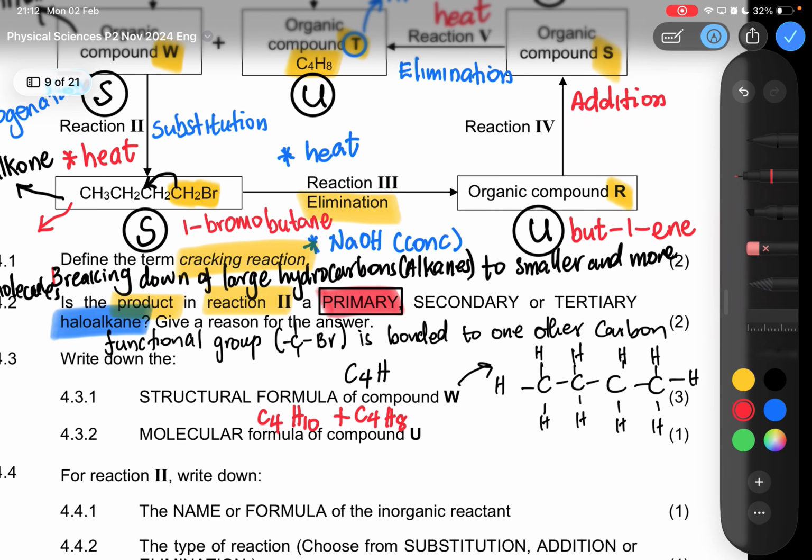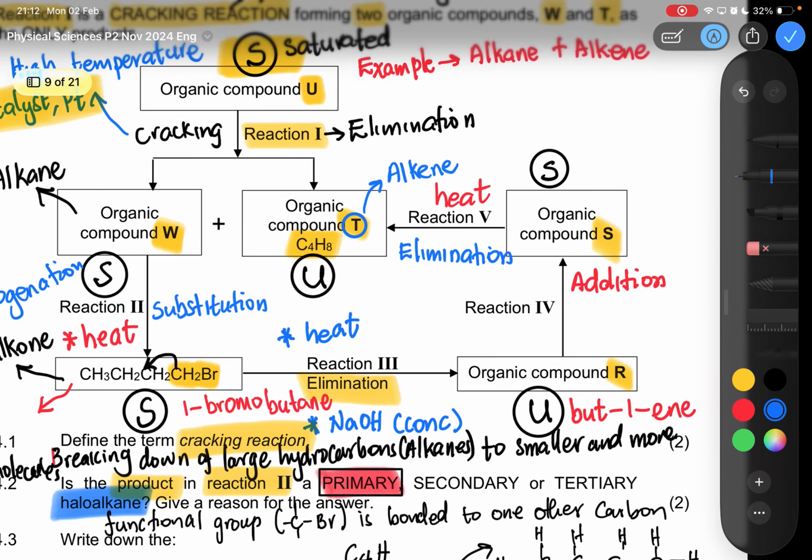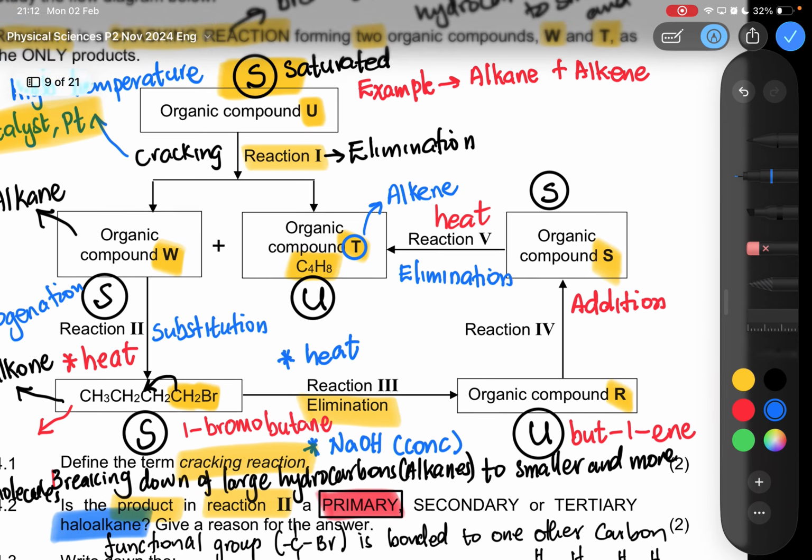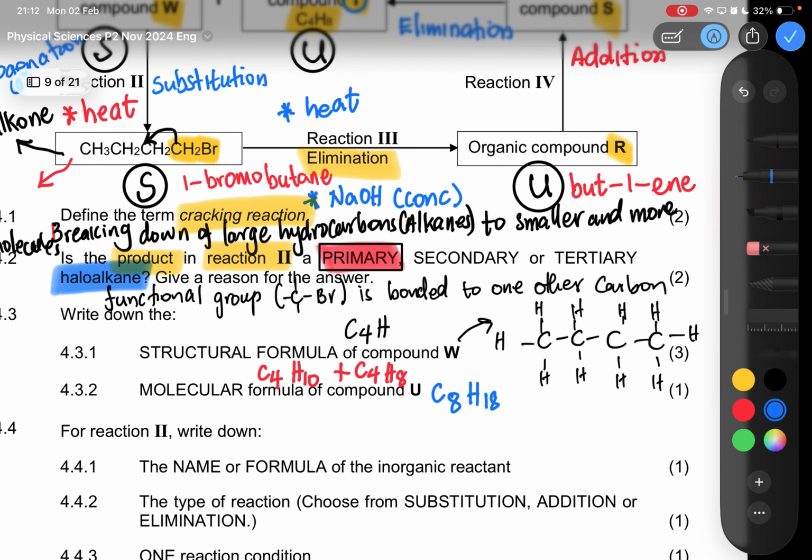You see that? So the total here is going to be C8H18. So the molecular formula of compound U is C8H18. This one was broken down through cracking. I'm hoping that is making sense.